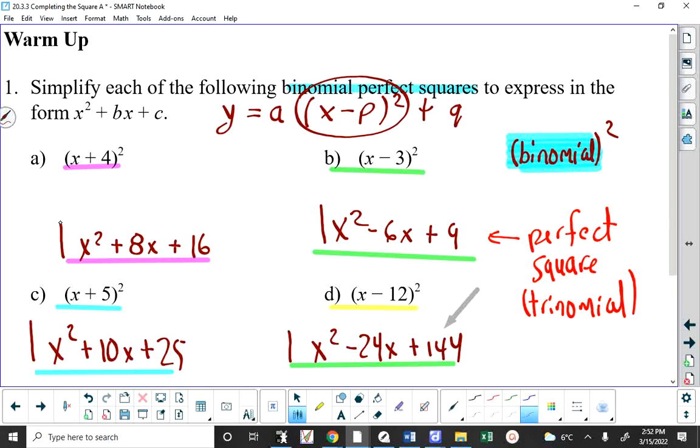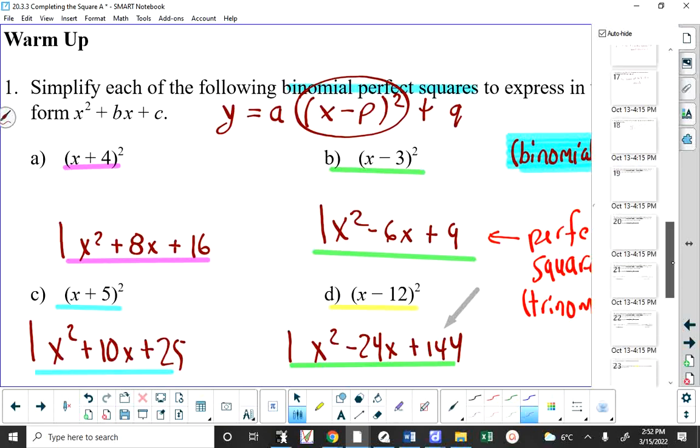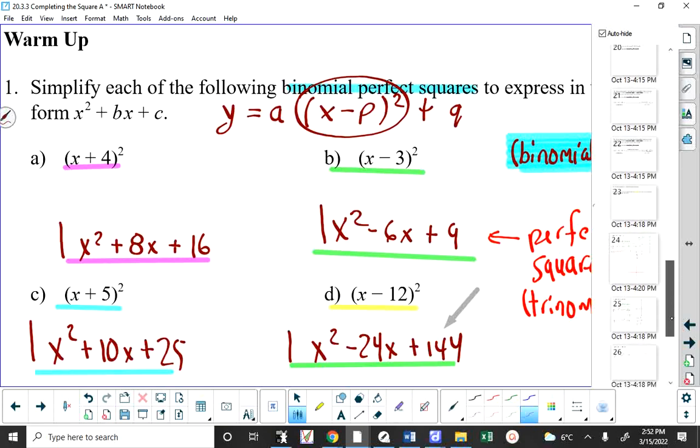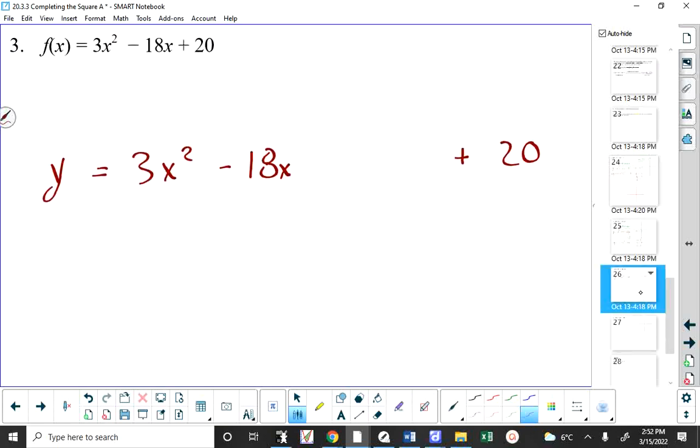It can't. So before we add this number, we got to arrange it so it's 1x squared. And I don't mean let's just erase the 3 and write 1. It's not how math works.